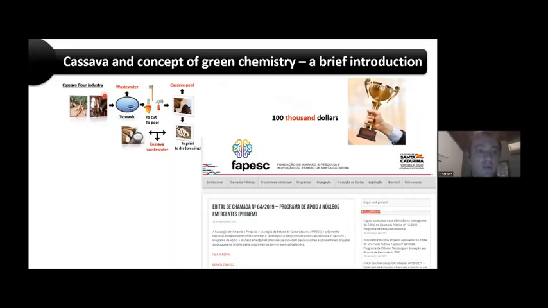So we proposed a project in order to use these residues, correlating them with a biotechnological process. We submitted that in 2019 to a FAPESP call, and we won more than $100,000 to run this project.